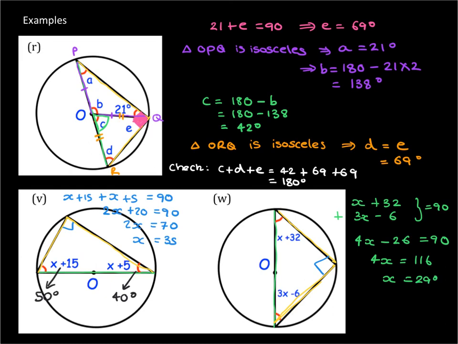Again, we might need to actually work out the sizes of these angles by substituting x back in. So 29 plus 32 gives us an angle of 61 degrees over here, and over here we get an angle of 81 degrees.